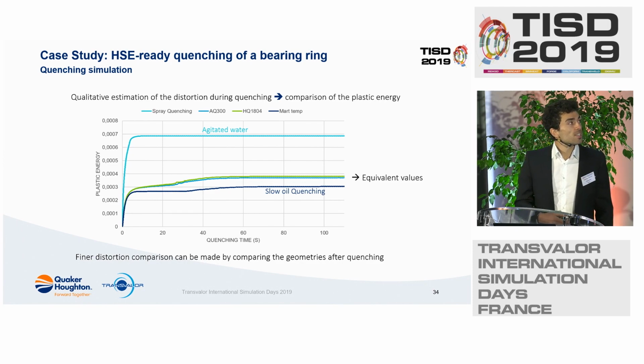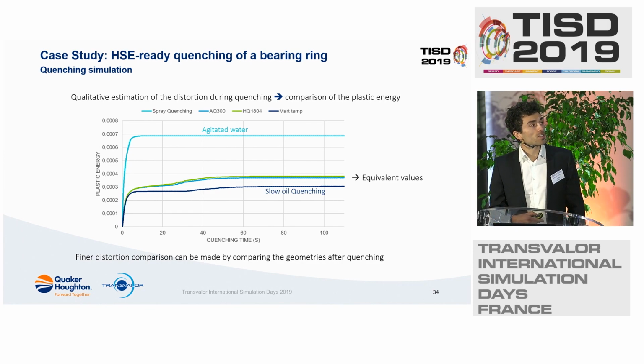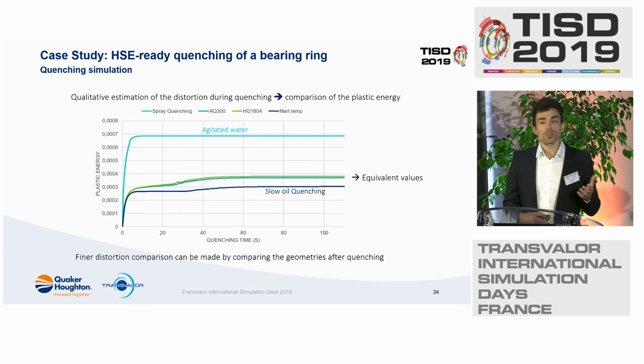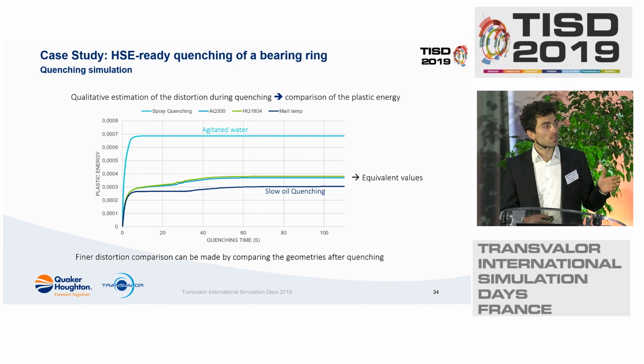And you can see here that the initial oil solution and the polymer candidate have really similar values and are located in the lower part of the spectrum. So probably the distortion behaves the same way as this graph.